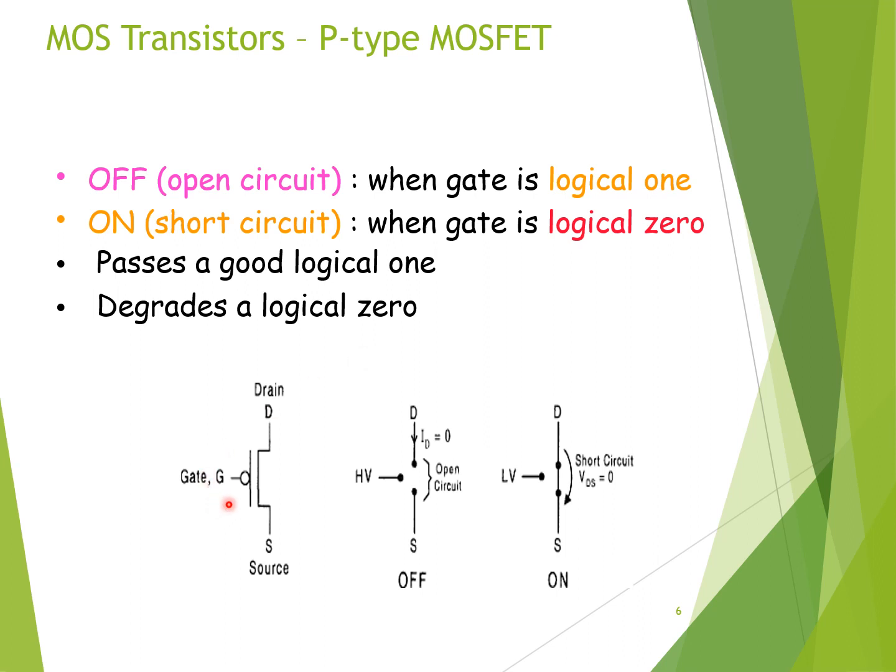Look at the symbol: here we represent it with a bubble at the gate terminal, and there is a drain terminal and a source terminal. When I give a high voltage, the circuit is open and there is no current, so the MOSFET is switched off. Whereas when I apply a low voltage, the circuit is short, there is a flow of current, so the circuit is switched on.